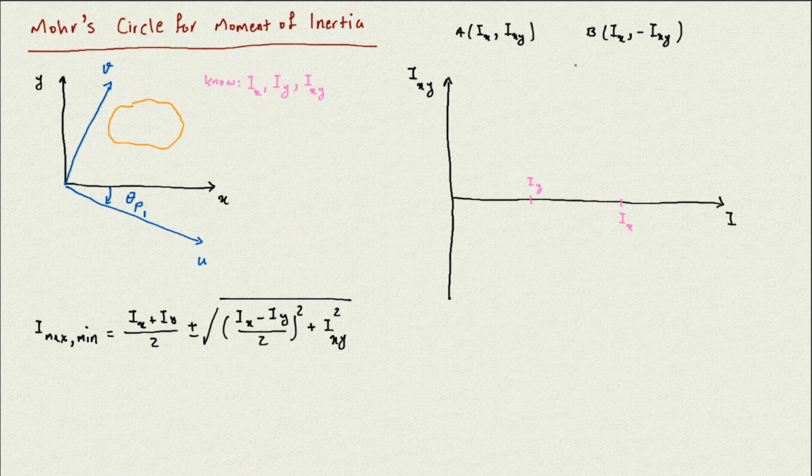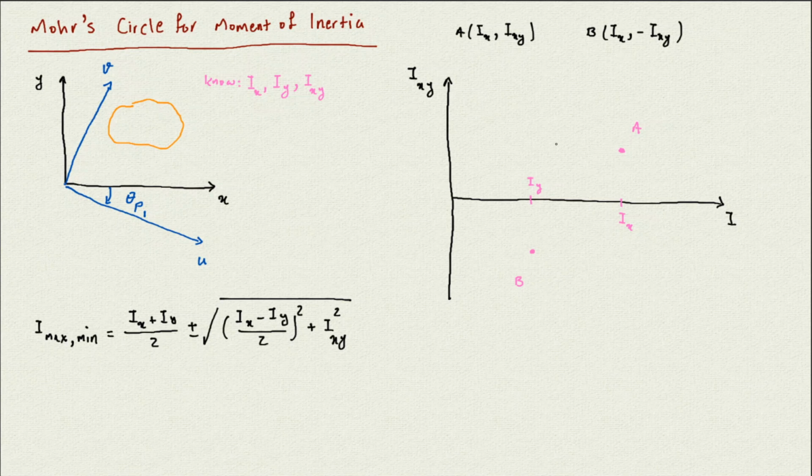So I'm going to define these two points. One of them is here, point A, with Ix and Ixy, and the other is here, point B, with Iy and negative Ixy.